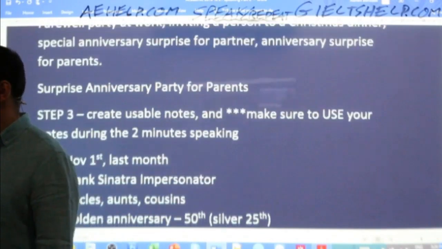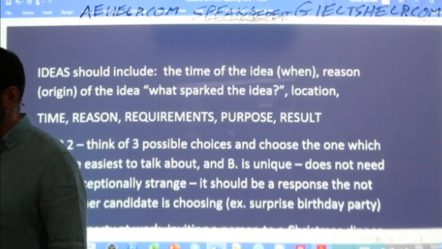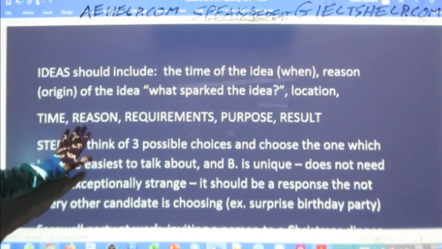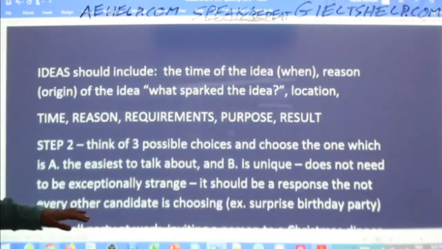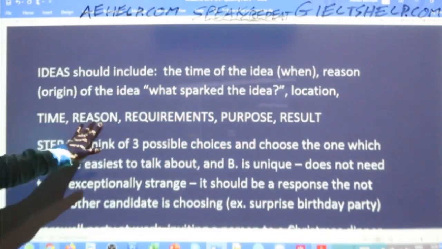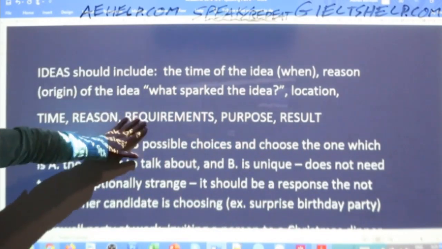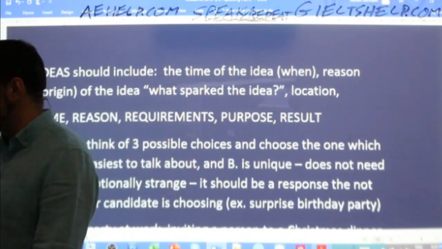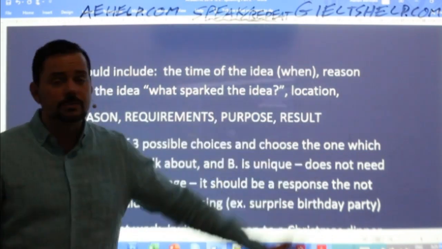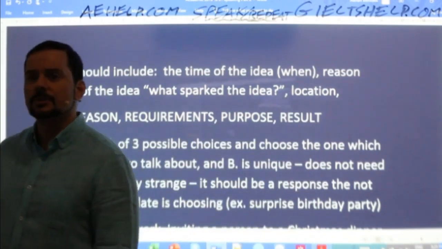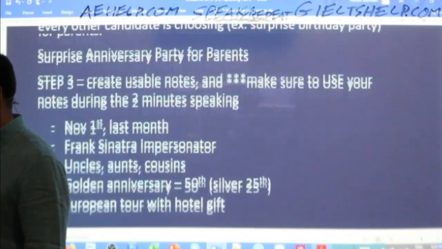Remember, students, that you should always keep all of these points in mind. So time, reason, requirements, purpose, result. So we have a little bit about the time, we have about the reason, we have some information for requirements, okay? The purpose, the result. So think about those as well.